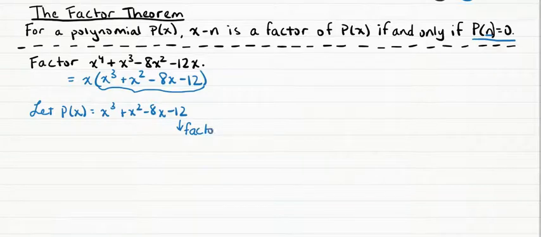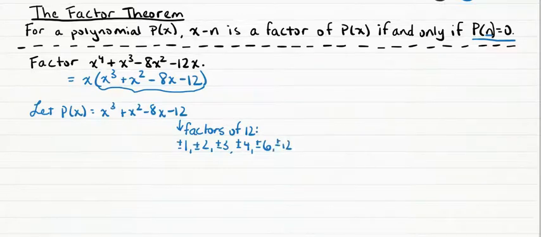So we are going to start by listing out the factors of 12. I'm going to include both the positive and negative factors here. So we've got plus or minus 1, plus or minus 2, plus or minus 3, plus or minus 4, plus or minus 6, and plus or minus 12.